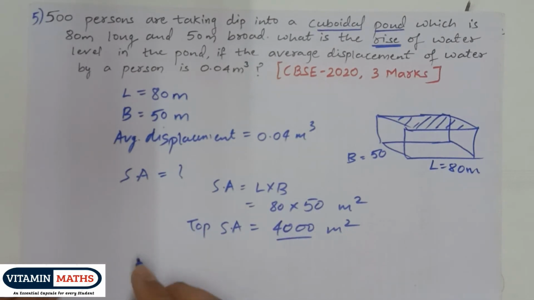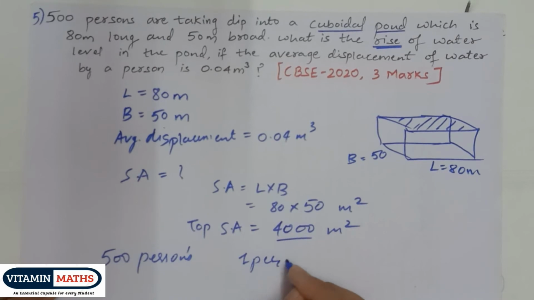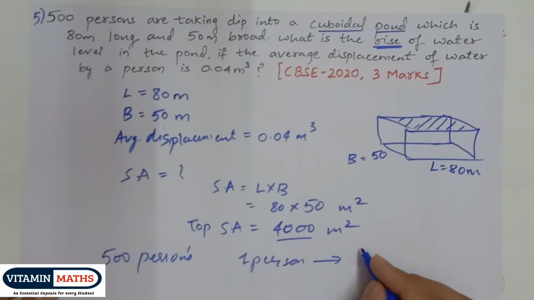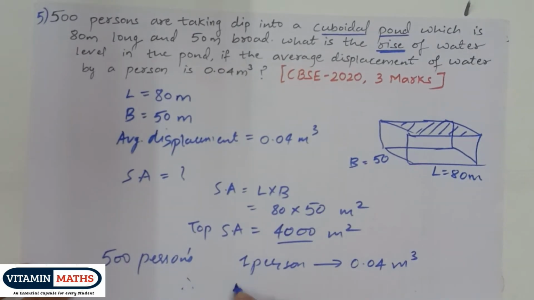Now since 500 persons are there, and one person is having a displacement of 0.04 meter cube, therefore 500 into 0.04, that is 500 into 4 by 100.